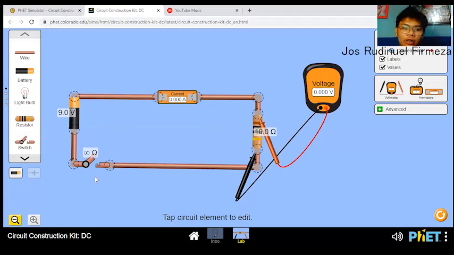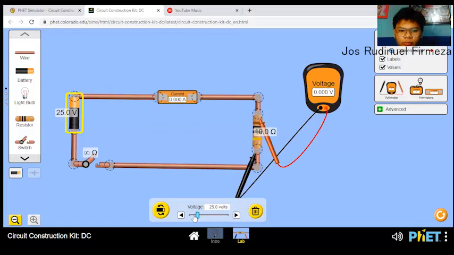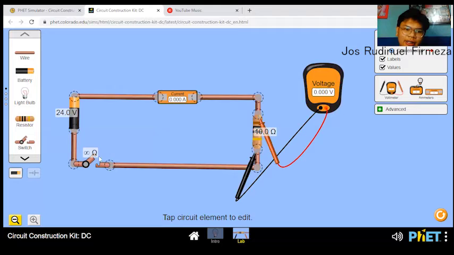Take note that you can also click the battery to change its voltage, by clicking it once or twice and sliding the knob. For example, I want 24 volts. After that, close the switch and start recording the data gathered in your tables.